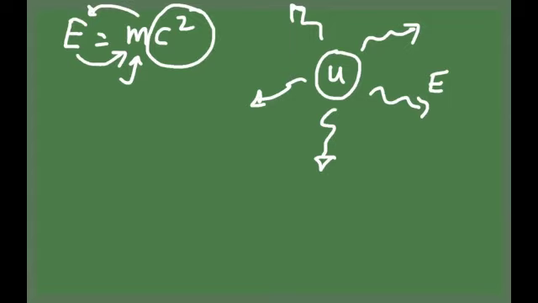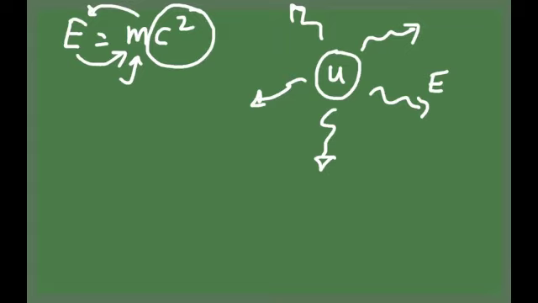So relativity says that what is happening is that a small amount of the mass of the uranium nucleus is being transformed by nuclear reactions into pure energy that gets radiated out of the system.